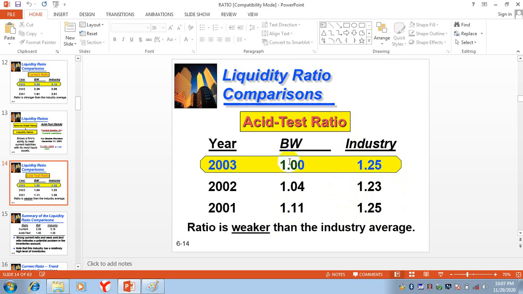But ours is going down. Our ratio is weaker than the industry average. But I have told you 1 to 1 is fine. But if it is going below 1, then it is not good. So it is fine, but still as compared to industry, we are below. So our ratio is weaker.